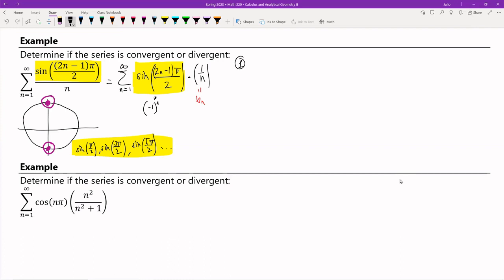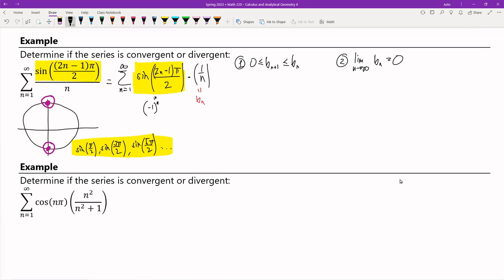Number 1 says that I need b(n+1) less than or equal to bn. And the second thing, number 2, states that I need to show that the limit as n goes to infinity of bn, let me use the notation from the theorem itself, the limit as n approaches infinity of bn needs to go to 0.